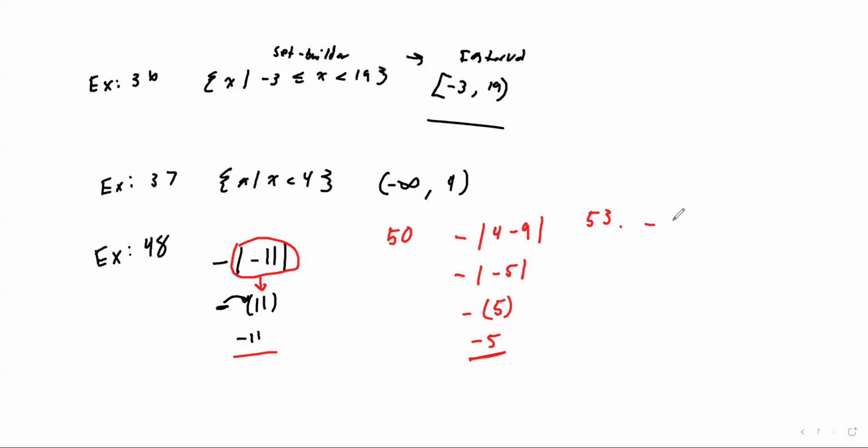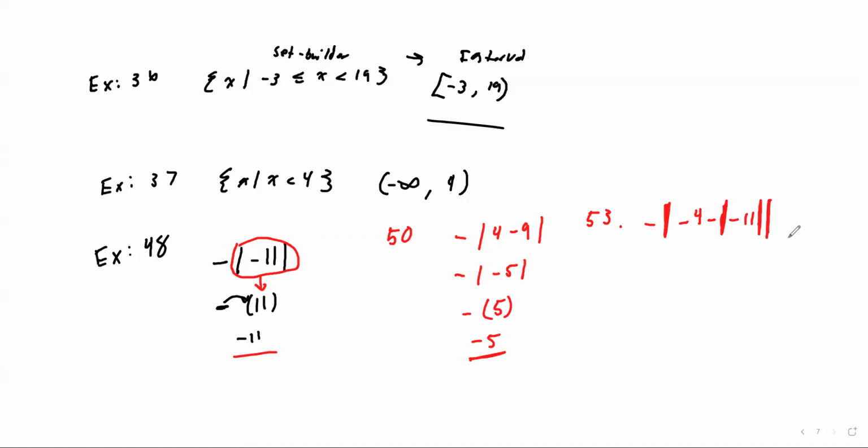This is negative, absolute value of negative 4 minus absolute value of negative 11, of the absolute value of that. So you deal with the first, let's make these absolute values a little bit bigger so we're not getting too lost. So I do the most inner grouping.